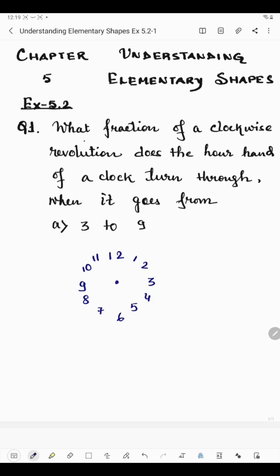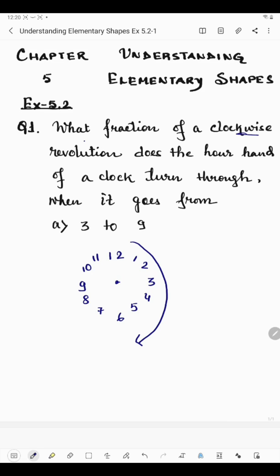One is the hour hand, one is the second hand and another is the minute hand. Clockwise means it is rotating like this, like the hands of a clock rotate in a clock. Hour hand means the shorter hand of a clock.